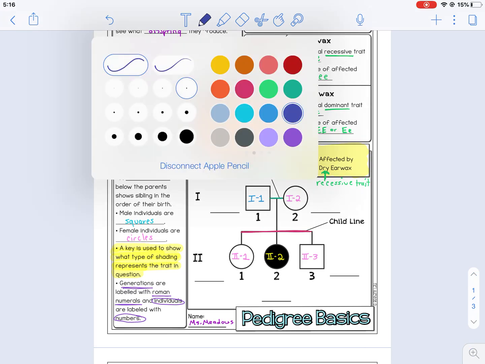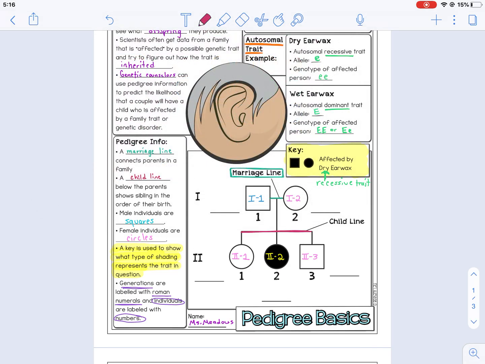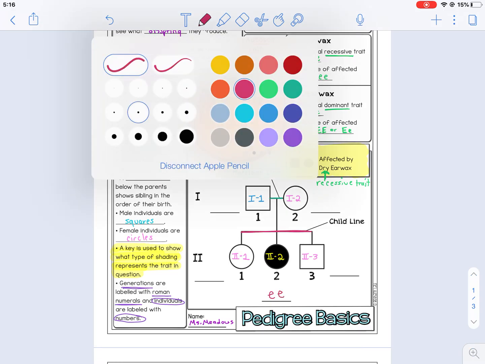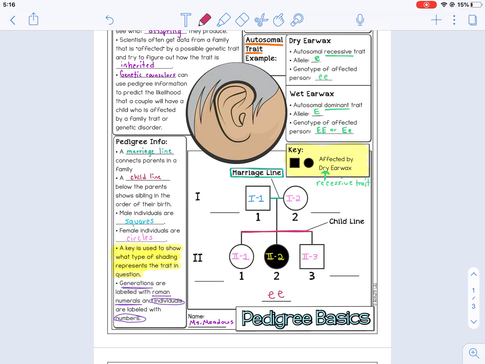So let's start there because that's going to be the easiest place to start. We know that individual II2 is affected with dry earwax, which means she, it's a circle, so it's a she, has to be little e, little e. There's no other genotype that she could be if she's affected by dry earwax.